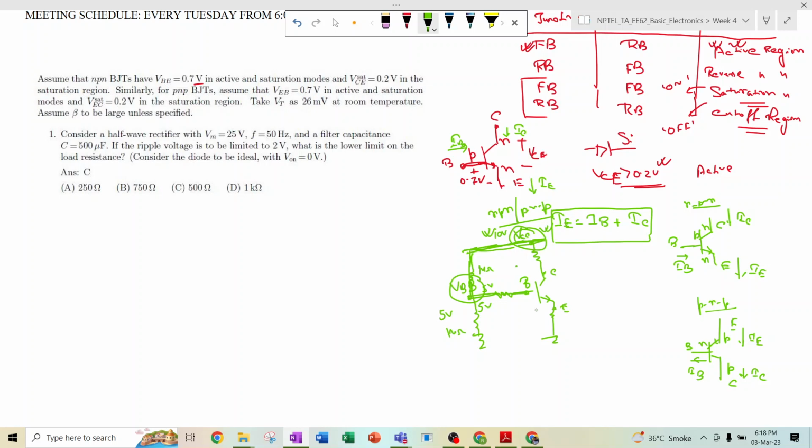Okay, so now what happens is, we are giving the input VBB. There is VBE, that is the 0.7 volt drop across the base and emitter terminal.